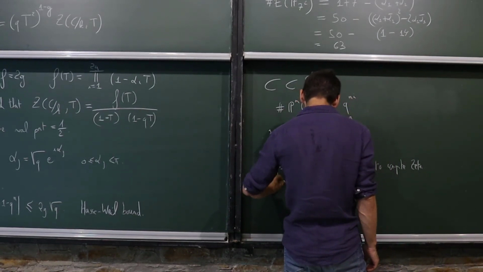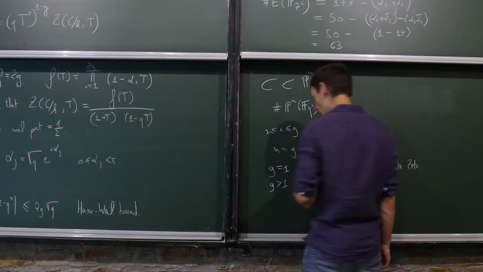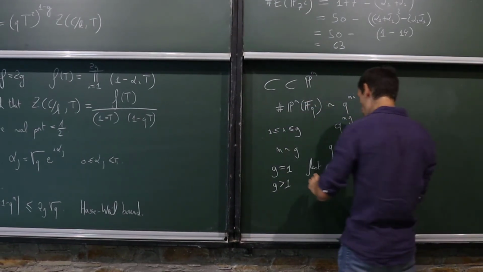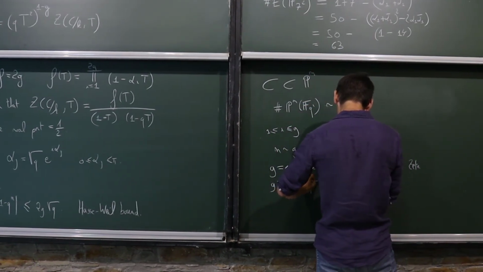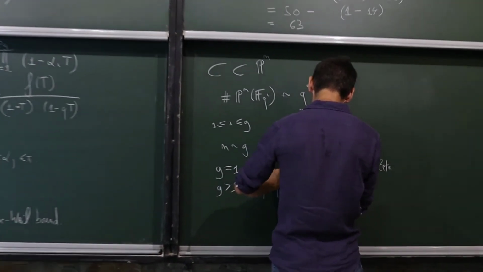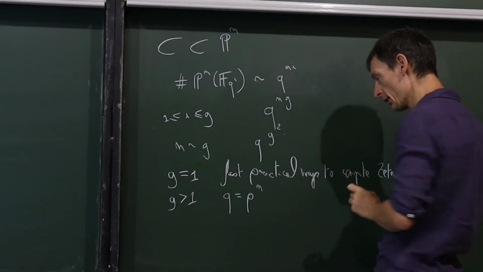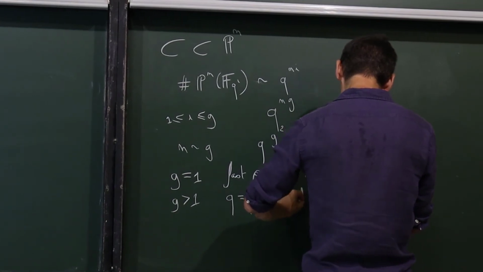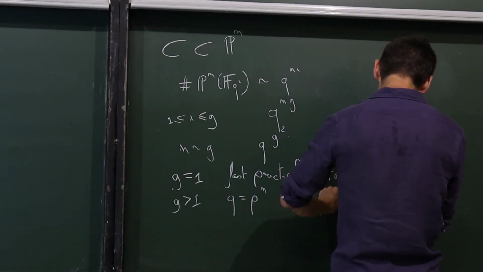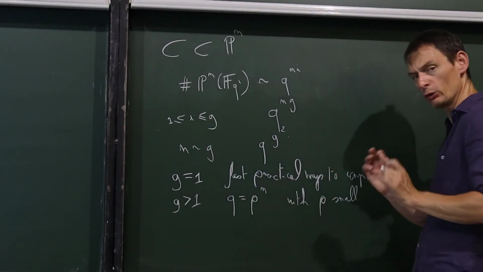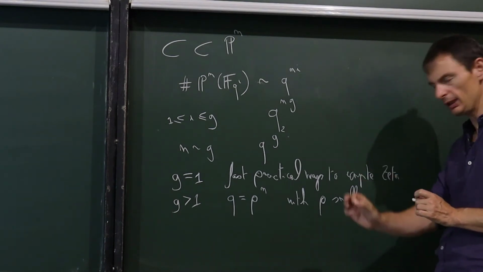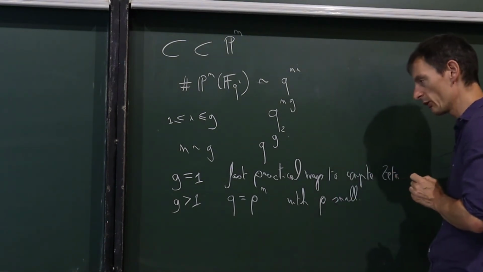But in general, if g is larger than 1, you restrict to q of the form p to the n, so p is the characteristic, with p small. So note that not necessarily q is small. q can be even quite big, but the characteristic has to be small.